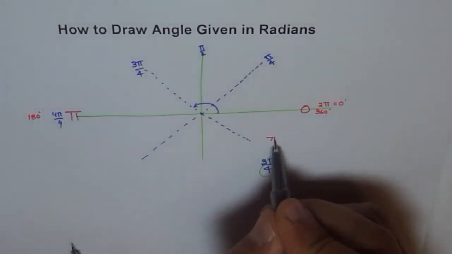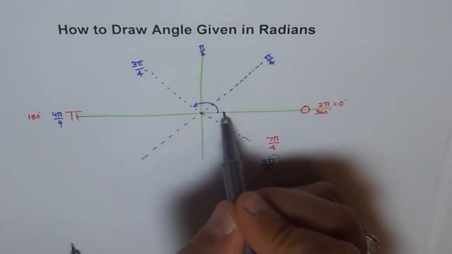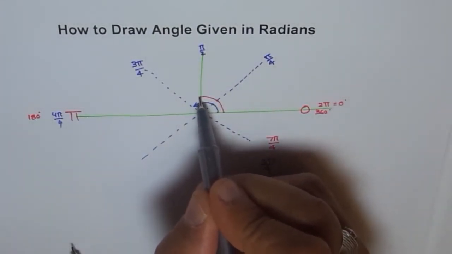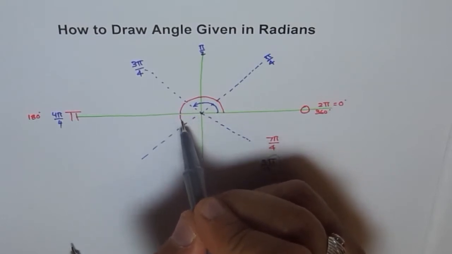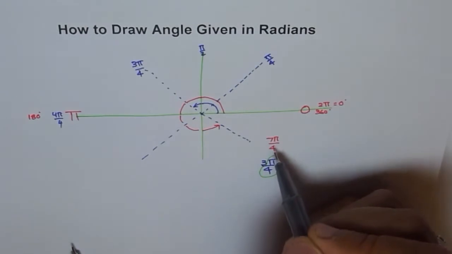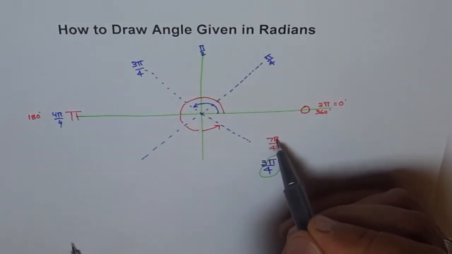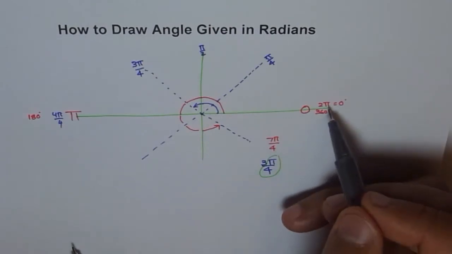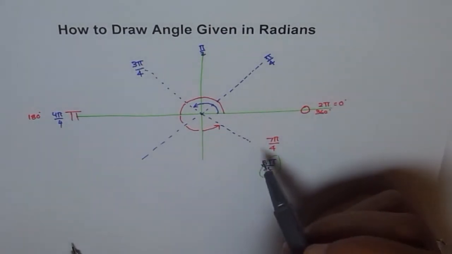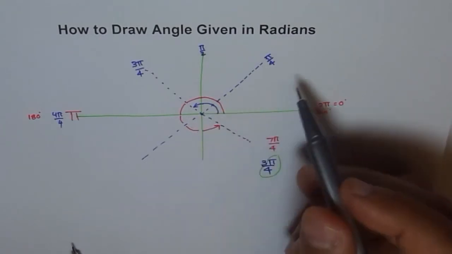We know 1 pi by 4 is this much. Say 1, 2, 3, 4, 5, 6, 7. So that makes 7 pi by 4. Correct. If we go one more, it becomes 8 pi by 4. 8 pi by 4 is 2 pi. That's perfect. So it is a very accurate representation of angle in radians.